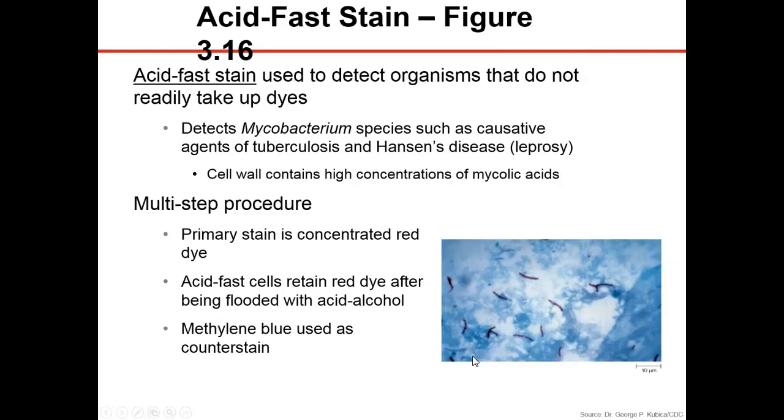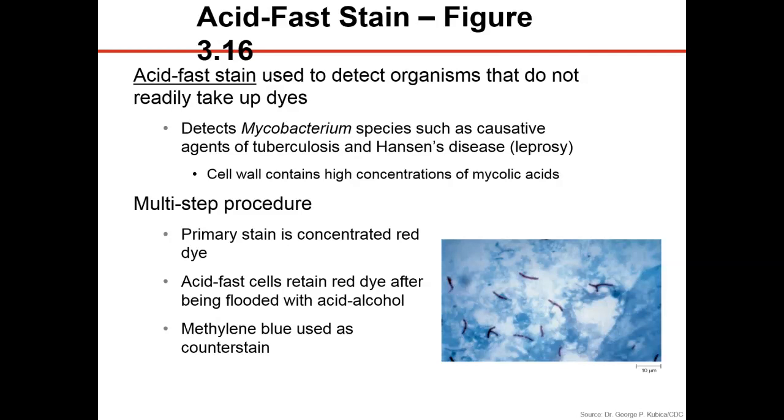The next stain technique is an acid fast. This is also a differential stain. This stain technique is used to detect organisms in the genus Mycobacterium. So it's not as highly used. You're not going to use an acid fast stain to see if you have a staph infection.